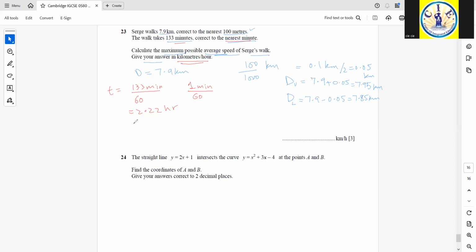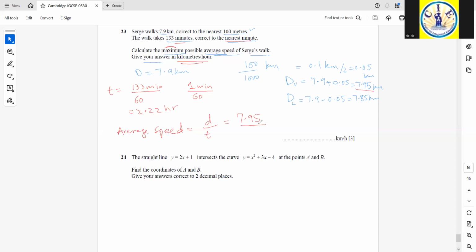That is average speed. That is calculated as distance divided by time. Okay. For distance, since I need to have the maximum possible average speed, I need to have the maximum answer for the distance, that is 7.95.